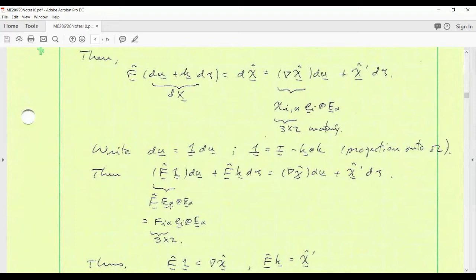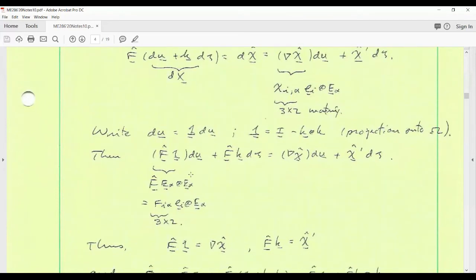So e1, e2, and k is a right-handed orthonormal basis, let's say. And the projection is just e alpha tensor product e alpha. That's just the identity operation on the plane itself, the two-dimensional identity. And f e alpha, on the other hand, if you write f in this Cartesian representation, mixed basis representation, and then take that and operate on e alpha, you'll just pick up f sub I alpha, e_i tensor product e_alpha. So this is a 3 by 2 matrix, which will match up with this 3 by 2 matrix ultimately.